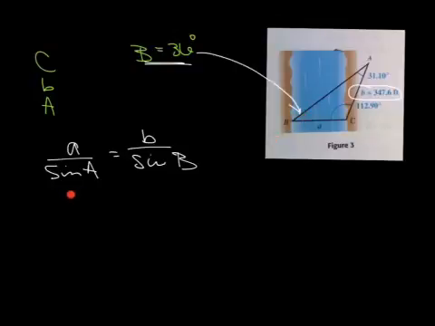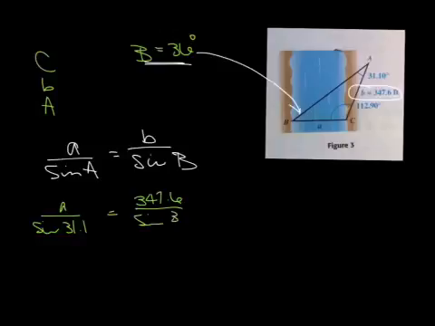So A is what we're looking for. Sine of 31.1 is going to equal the length of B over sine of 36.